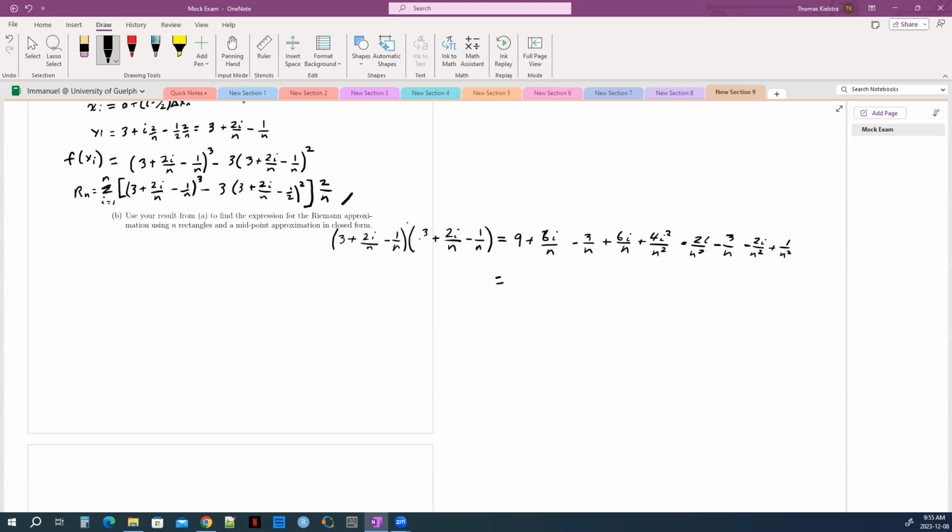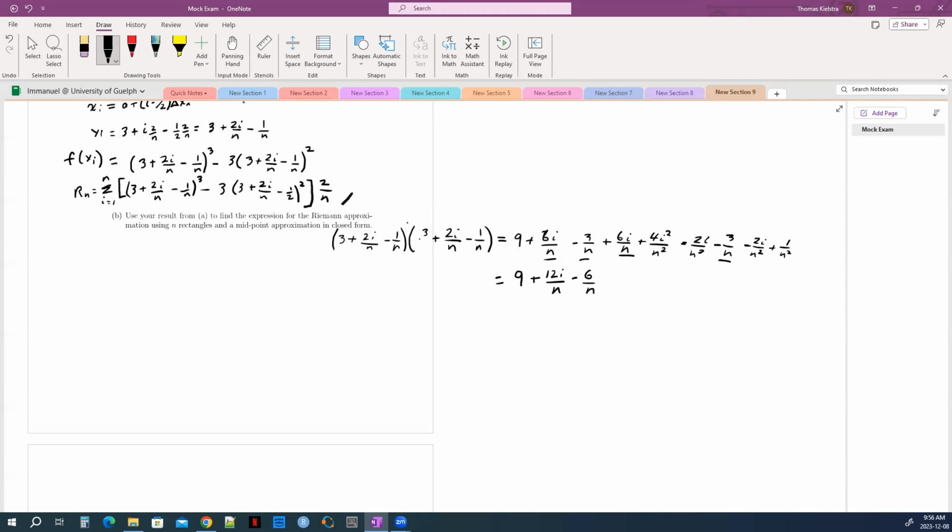And now I'm going to collect like terms. So I just have this single 9. But then I have 6i and 6i to give me 12i over n. And then I have my minus 3 over n twice to give minus 6 over n.